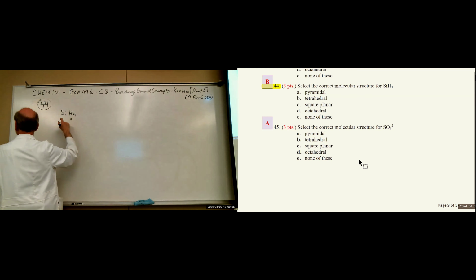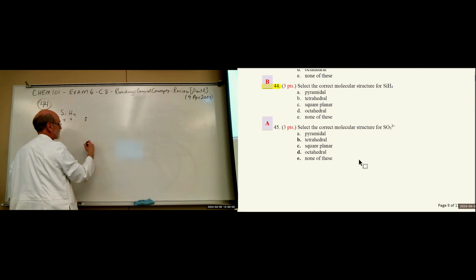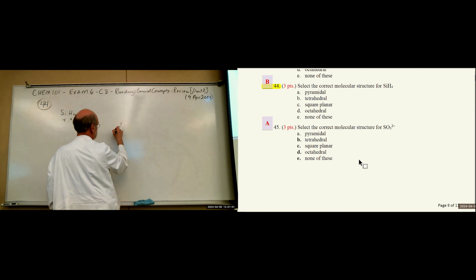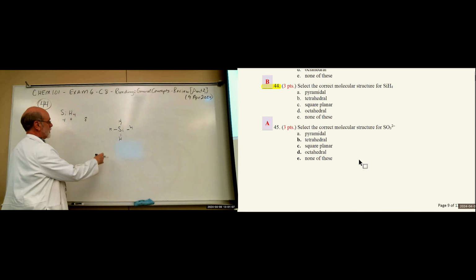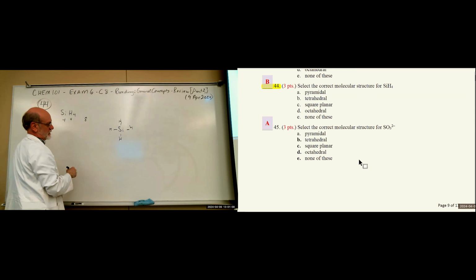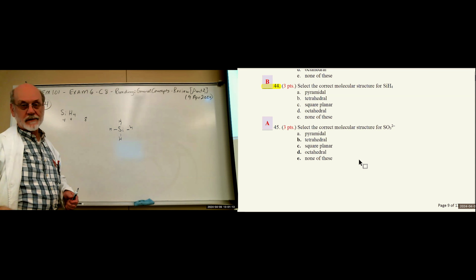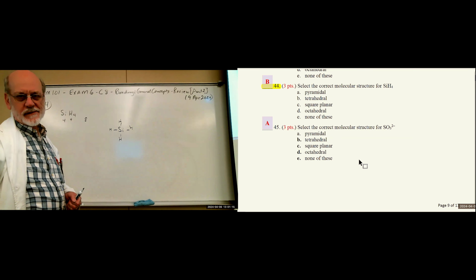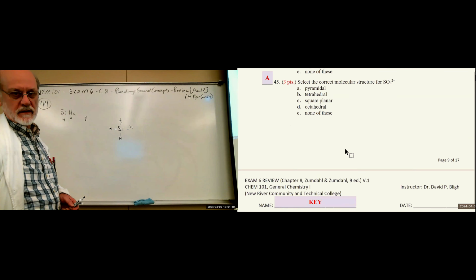Silicon's like carbon, it has 4. So we have 8 valence electrons. Silicon here, hydrogen, hydrogen, hydrogen. That's it. We used them all up, 2, 4, 6, 8. That's a tetrahedron. And there are no lone pairs. Okay. That would be B.